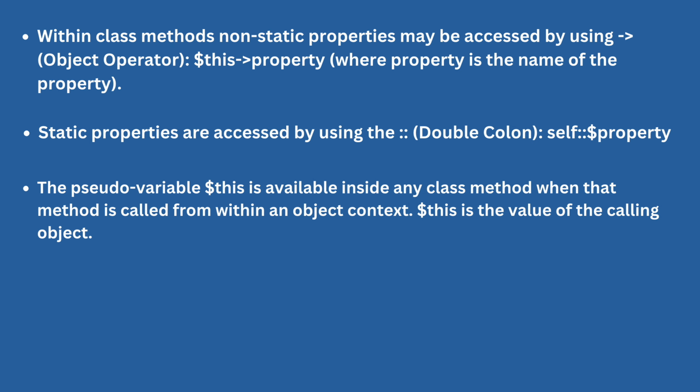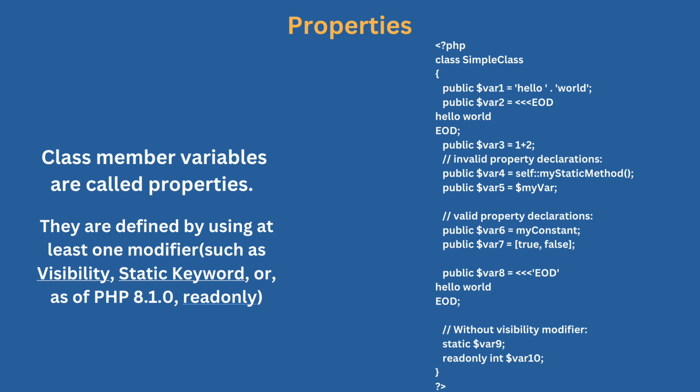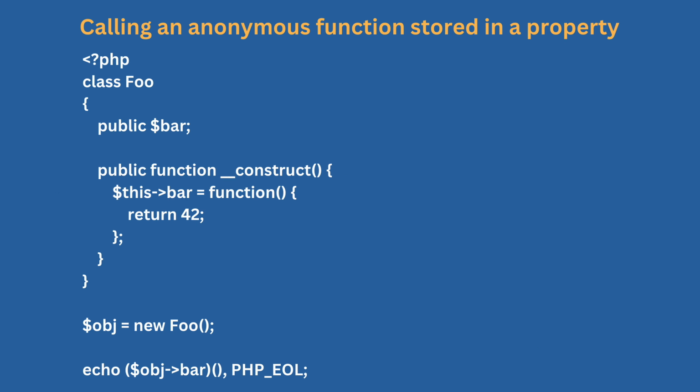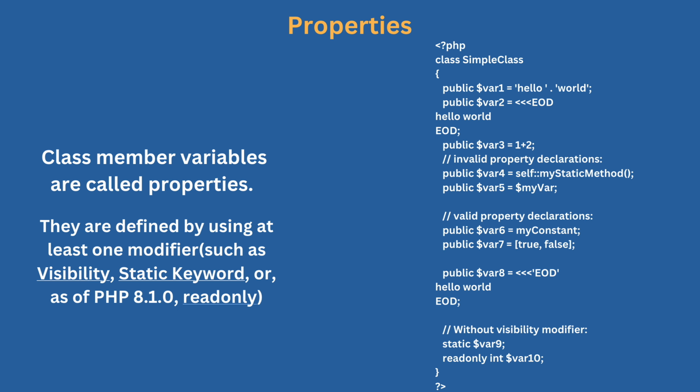So in the previous slide, how is this variable 4 declared? Can you please explain? The current slide, where you were talking about how variables can be declared. This one? Yes, sir. Here, within the properties, I'm treating this as self and I'm calling a method. Calling a method like here is not allowed.